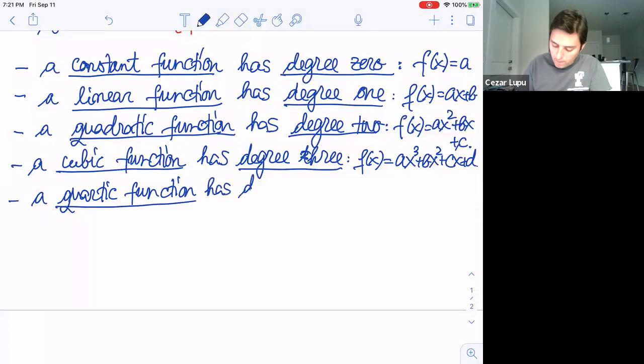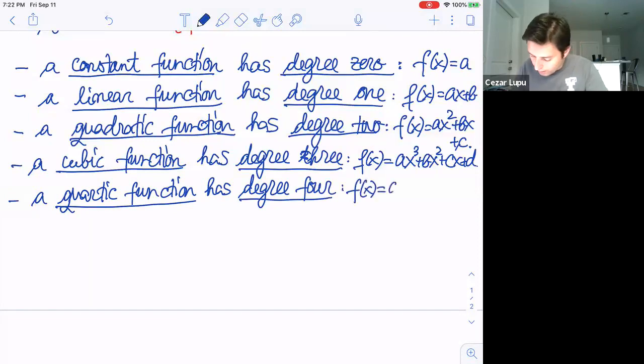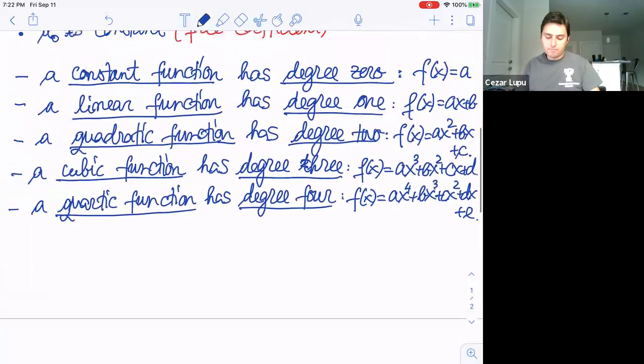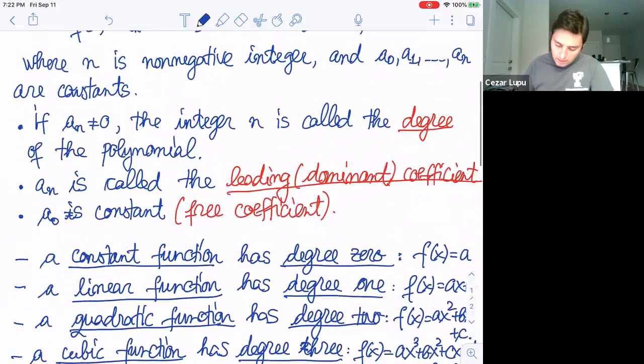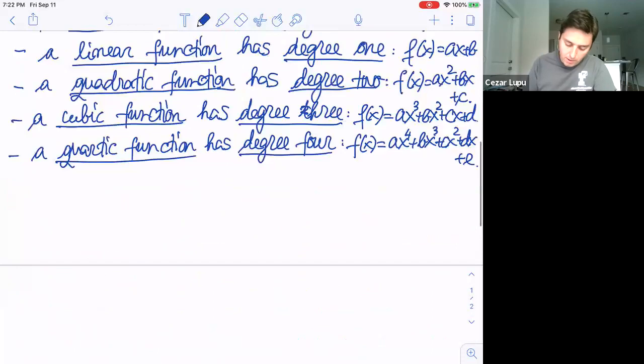And these functions look like f of x equals ax to the 4th plus bx cubed plus cx squared plus dx plus e. All right, so these are the polynomial functions. As you can see, we go all the way from degree 0 to degree 4. And here I would like to say some things about other functions.